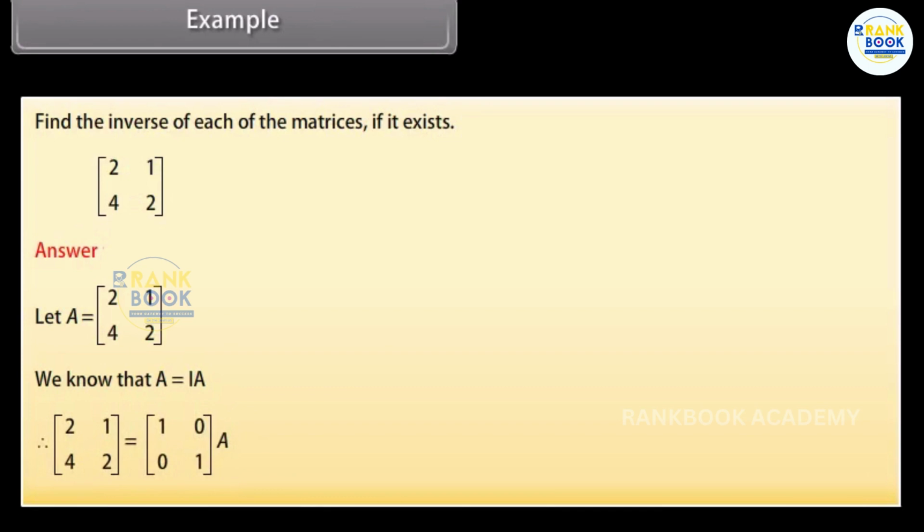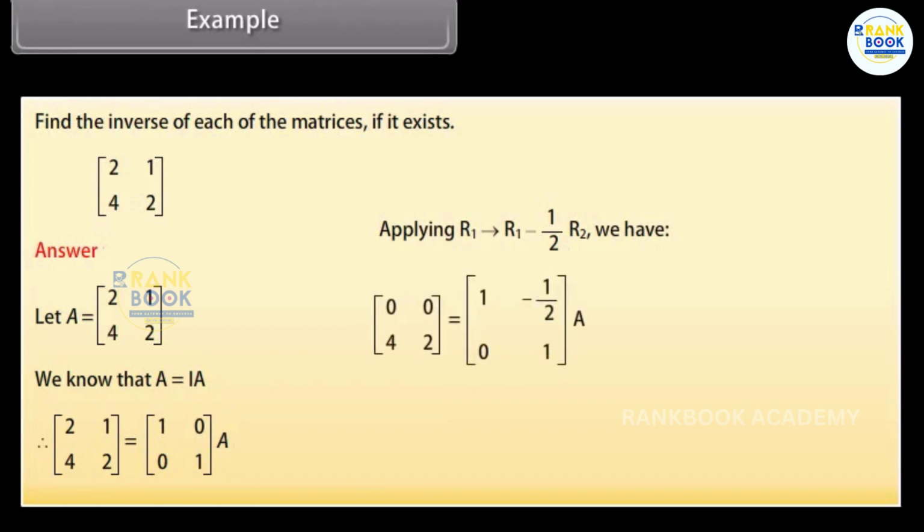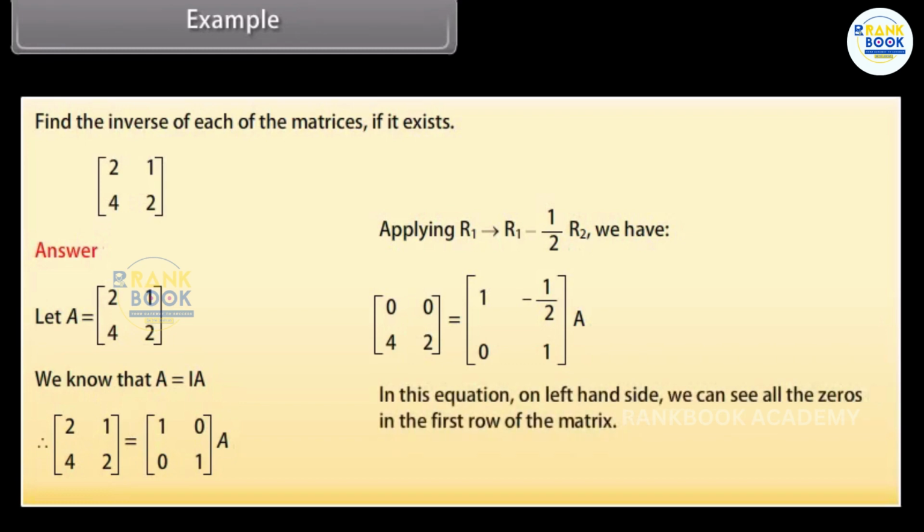Therefore, the matrix with rows [2, 1], [4, 2] is equal to the matrix with rows [1, 0], [0, 1] into A. Applying R1 changes to R1 minus 1 by 2 of R2, we have the matrix with rows [0, 0], [4, 2] is equal to the matrix with rows [1, -1/2], [0, 1] into A. In this equation, on the left hand side, we can see all zeros in the first row of the matrix. Therefore, A inverse does not exist.